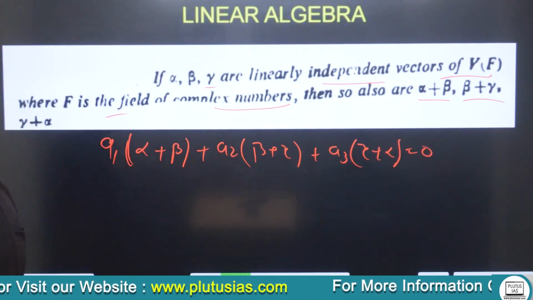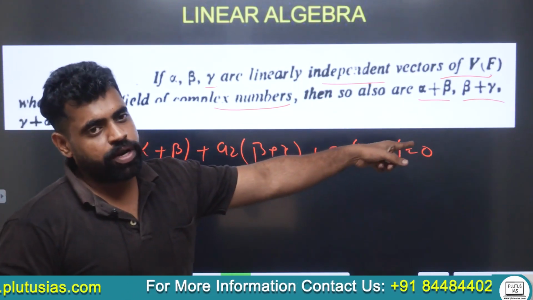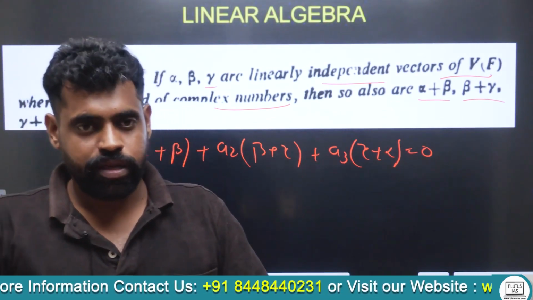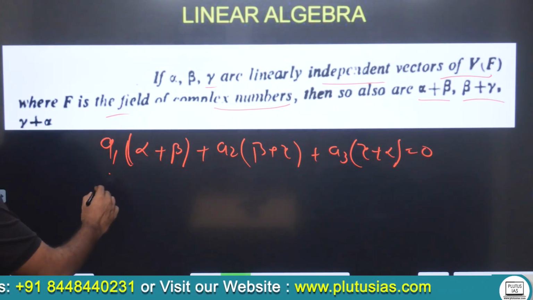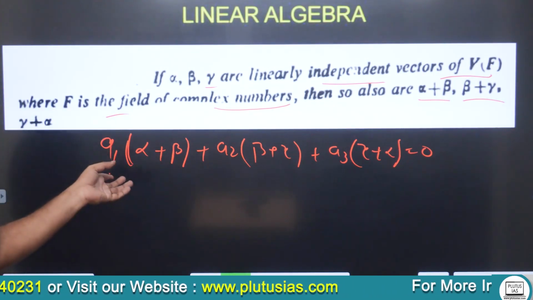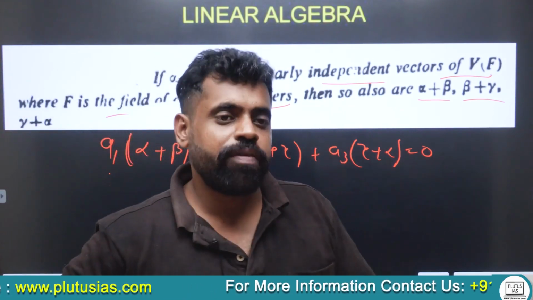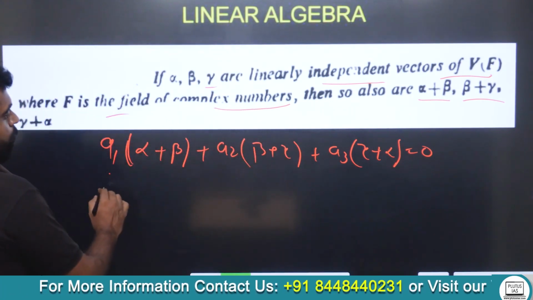Here 0 in this vector space would be 0 plus 0i. If we can find a1 equal to a2 equal to a3 equal to 0, then we have linear independence. So what do we have?